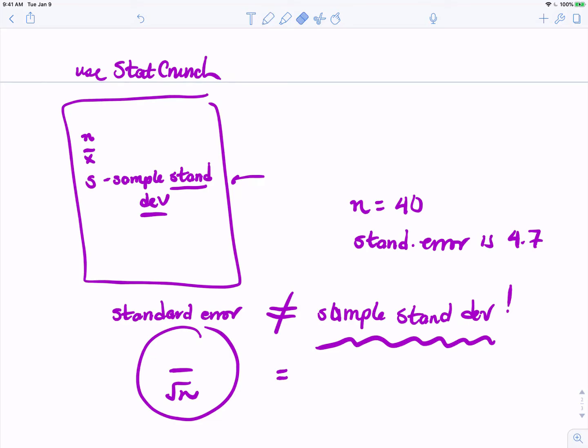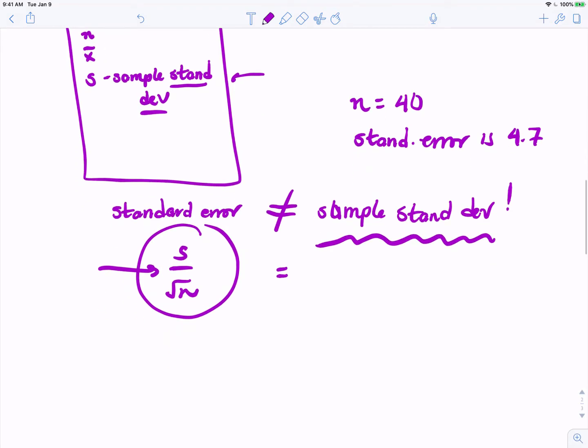Here, let me clean this up a little bit. So you would have to solve this for s in order to be able to then use technology to make the confidence interval. So for example, in this problem, you would have the standard error 4.7 is equal to s over the square root of 40.